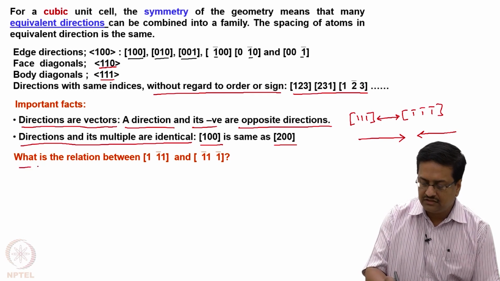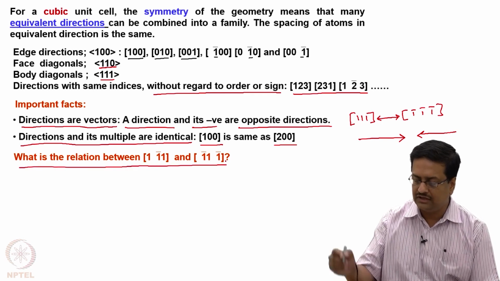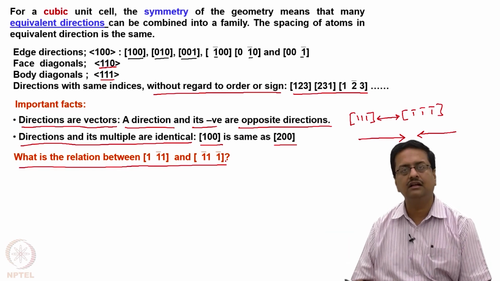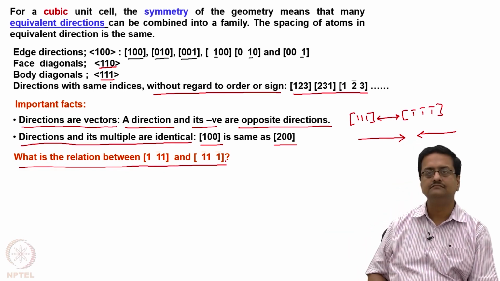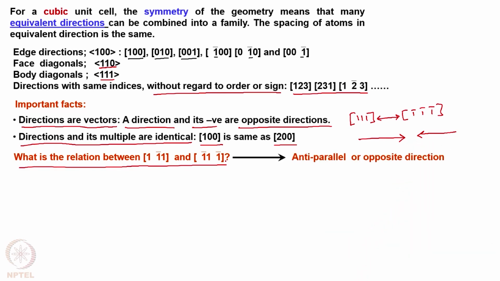So what is the relation between these two directions, [1 1̄ 1] and [1̄ 1 1̄]? The answer is antiparallel or opposite directions, because here the one which was plus is now minus, the one which was minus is now plus, and the one again which was plus is now minus.